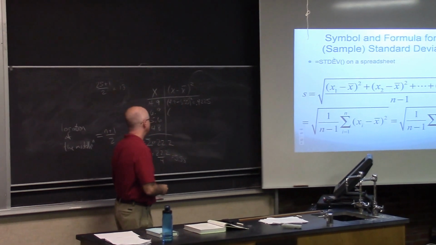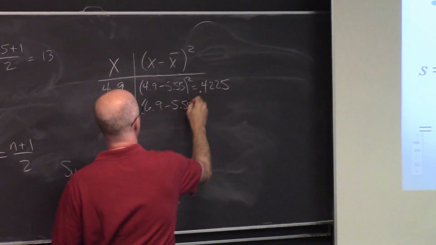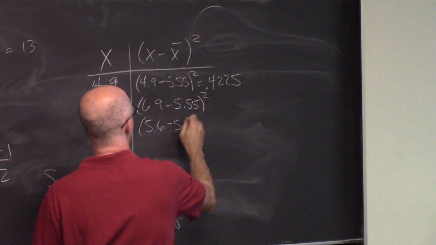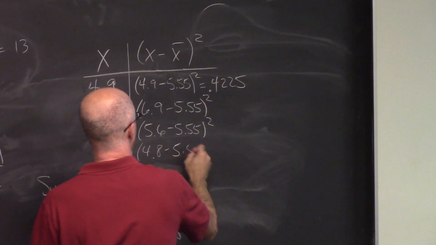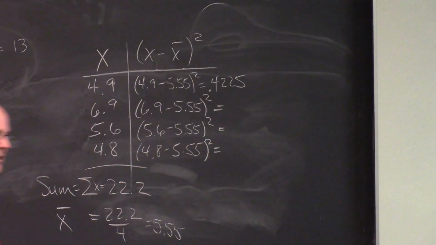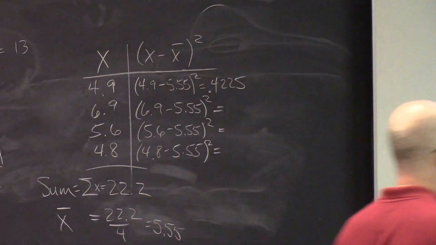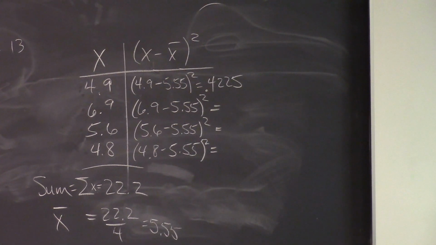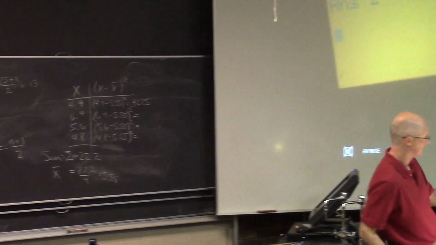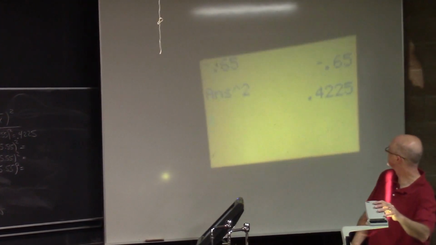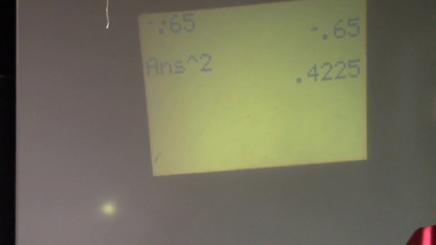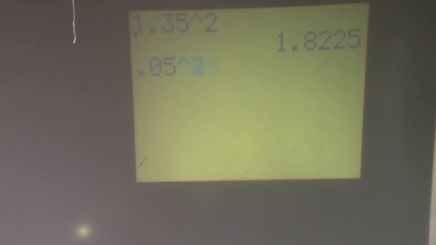Okay, I'll let you use your calculators right now and figure out these other ones. Do the difference first, then square. 6.9 minus 5.55 is 1.35, square that. 1.8225. 5.6 minus 5.55 is 0.05, square that.